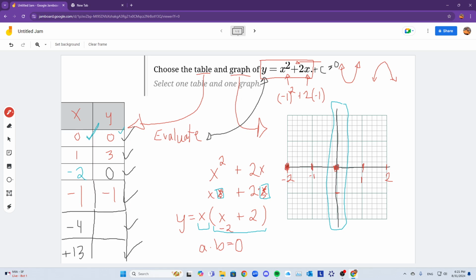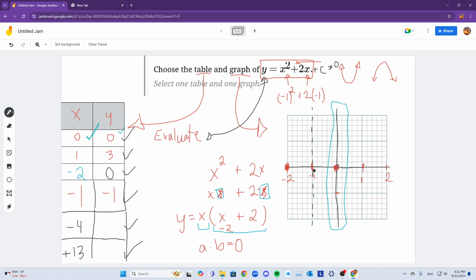Now, here's a couple things that you should know. X-intercepts help you also find the vertex. The vertex is the lowest point on the graph, meaning if you were to keep going down, you're going to get the lowest point, right?